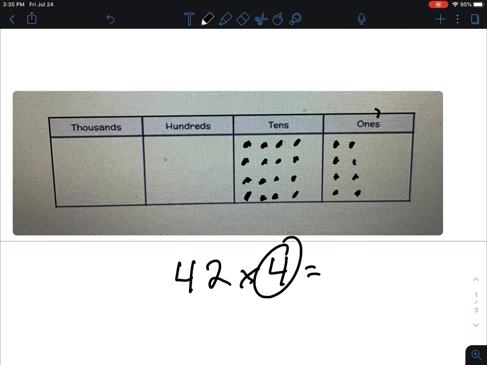And now I have 4 groups of 4 here. So I count my ones, and I have 8, and I count my tens, and I have 16, but I can't have 2 digits in the same place value. So hopefully you moved that 1 over here. Since you moved it, it disappears from there, and now you end up with 168.